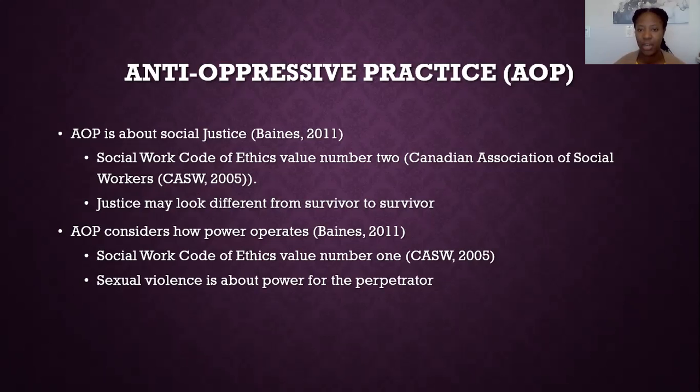And so I'm just trying to draw the link here between AOP showing us how power operates and giving us ways to empower the people who are unempowered, and how the Code of Ethics ties that in here in a neat little bow by saying people have the right to self-determination.